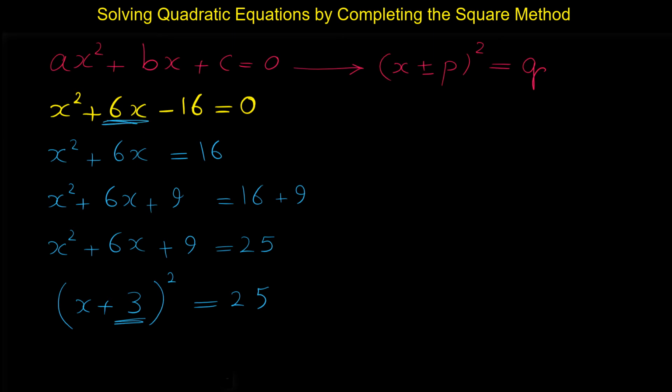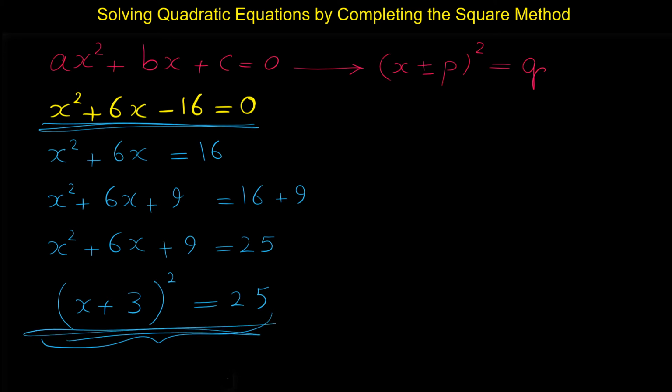Always divide the coefficient of x, which in this case is 6, by 2 and put it in the bracket. So this number is always half of this number. 6 divided by 2 is 3. Now we have converted the quadratic equation to the desired form. We have x plus 3 squared equals 25.